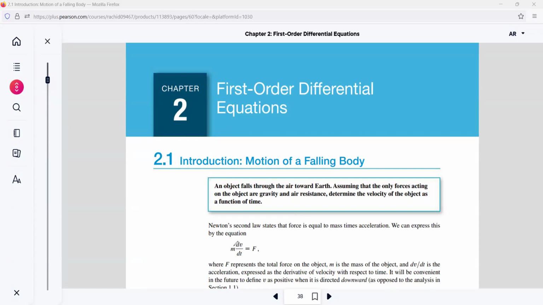So here there's Newton's law. You have the mass times the acceleration, which is the first derivative of velocity with time, and equals the total force that is acting on it.